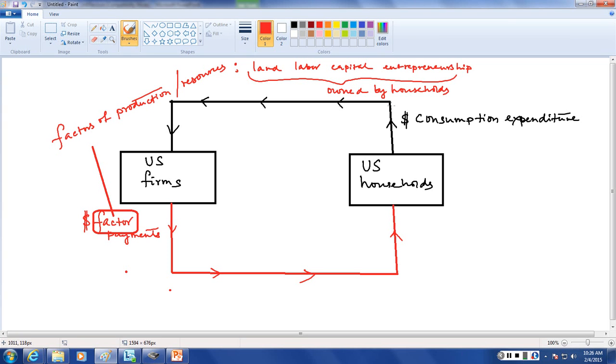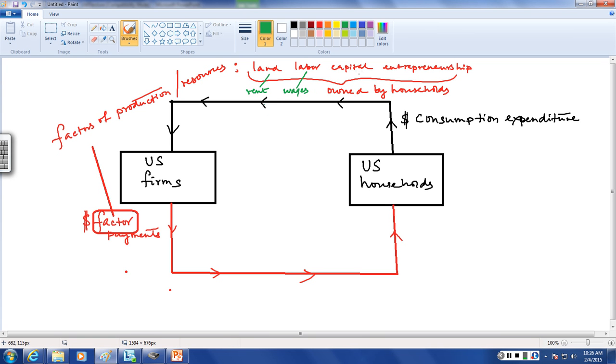factor payments. Right? So the owners of land are paid something called rent. The owners of labor are paid wages.